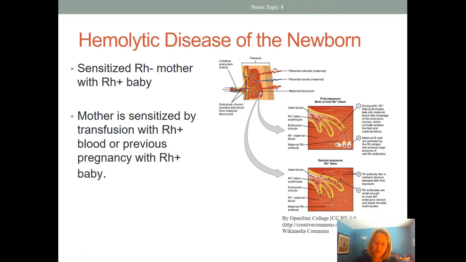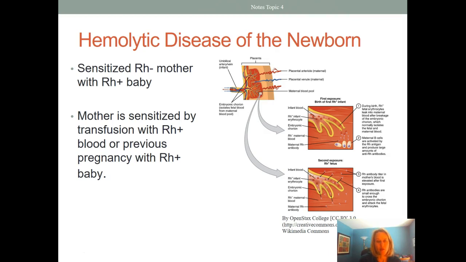So what do they do for these mothers? What they do is they give RhoGAM, and RhoGAM is actually Rh gamma globulins or antibodies. Now at first this doesn't make sense. Like, why would you want to give her antibodies? Well, you do this at about 6 months of pregnancy and after delivery of her first and subsequent babies.